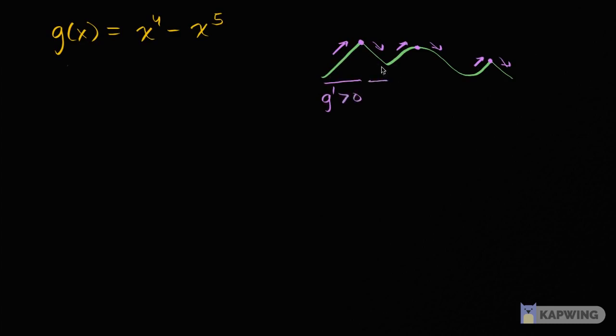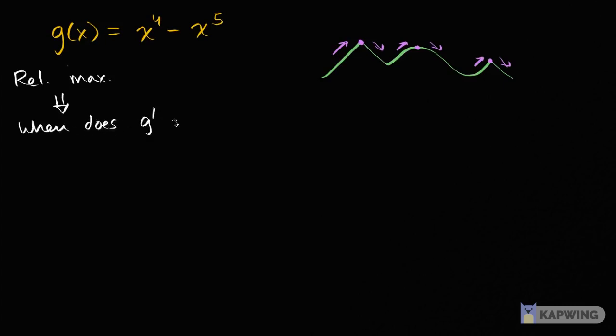And then over the next interval, when you're decreasing, g prime would be less than 0. So what we really need to think about is, since we care about a relative maximum point, when does g prime go from positive to negative?